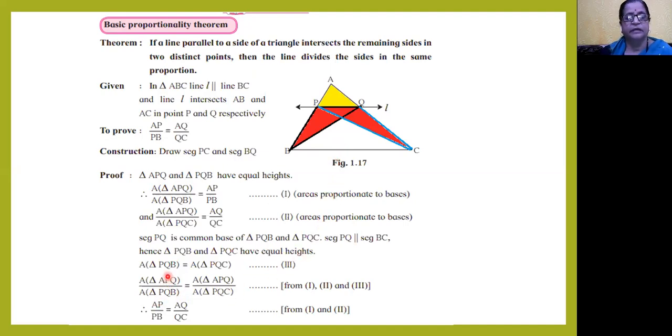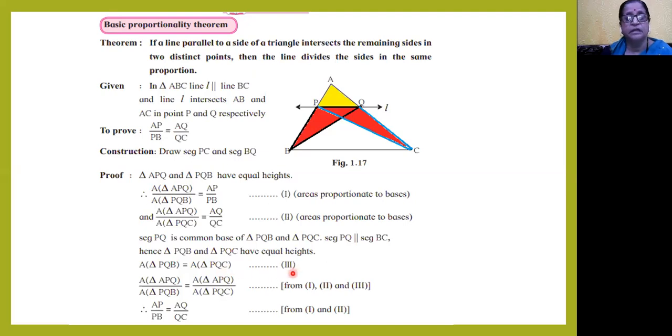Therefore, these two triangles are on the same base with the same height between parallel lines, so their areas are equal. So it is given that the area of triangle BPQ is equal to the area of triangle PQC.